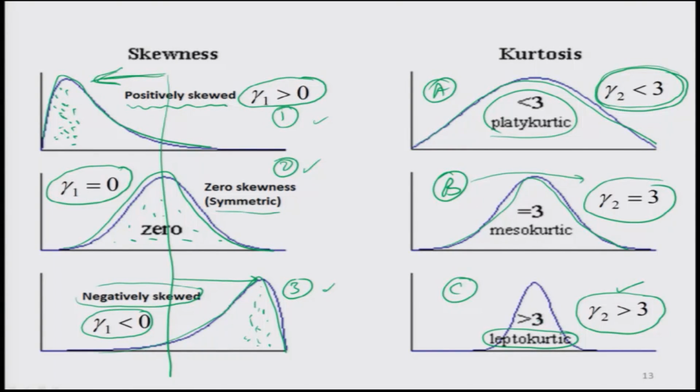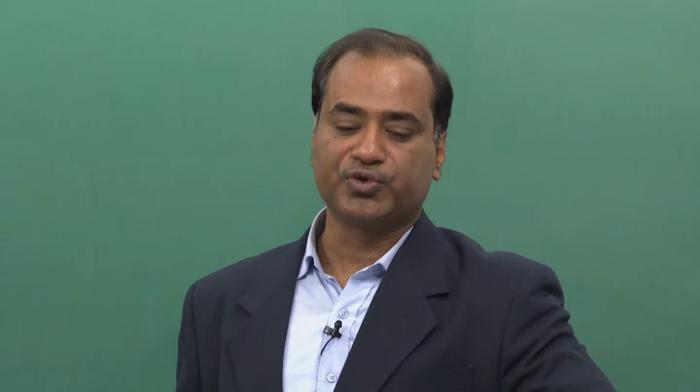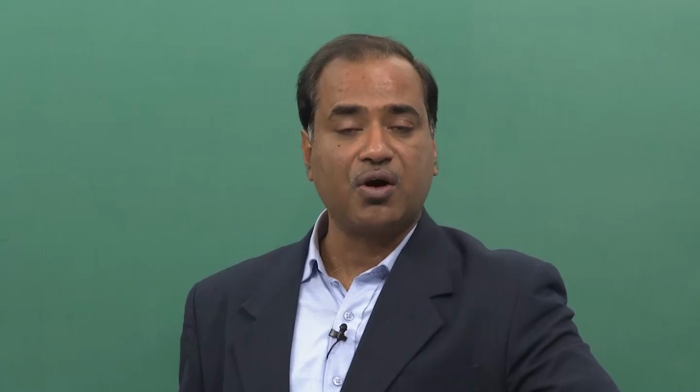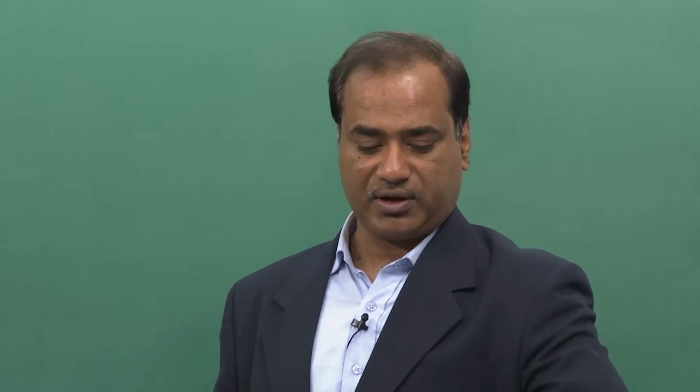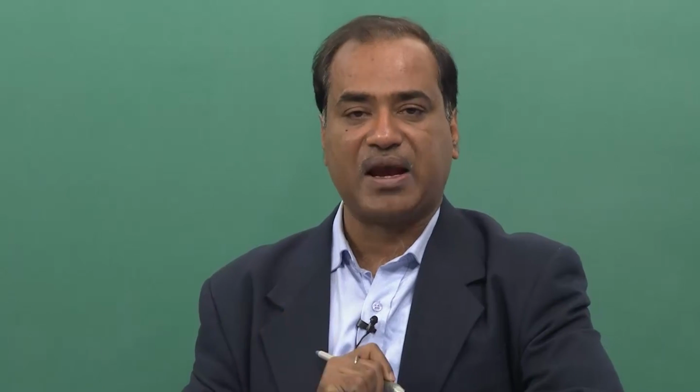So, this is how we define the coefficient of skewness and kurtosis, and this is how we use them. Now the question is how to compute the coefficient of skewness and kurtosis in R software. In order to compute them in R, first we need to install a package.